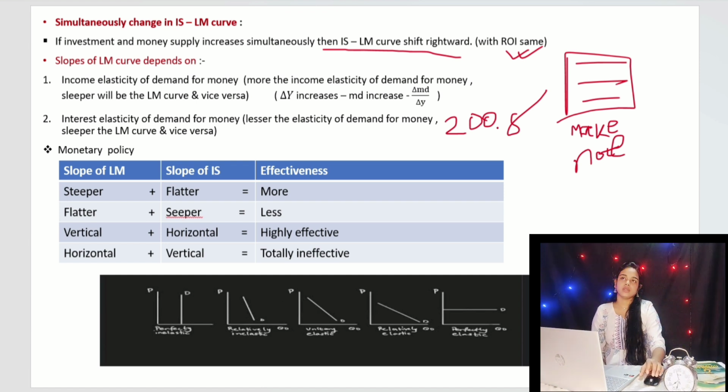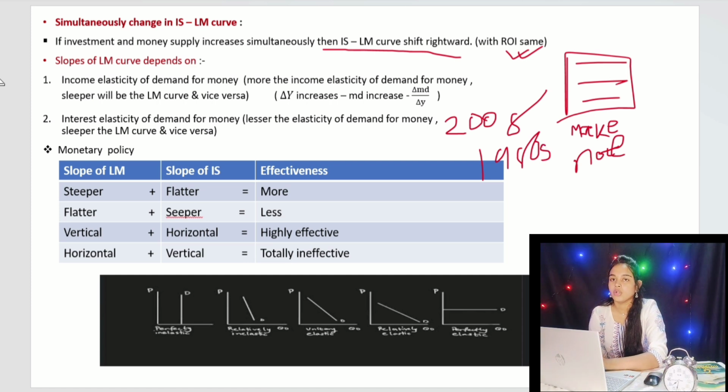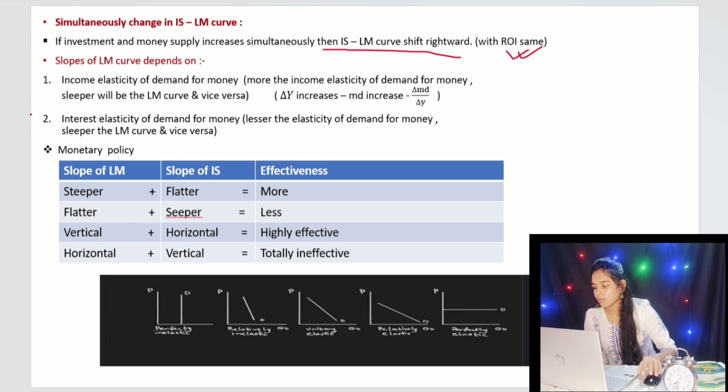And in the 1980s, the US economy boom is an example of a rightward shift in IS and a leftward shift in LM, when expansionary fiscal policy was followed by the government and contractionary monetary policy by the central bank of the USA.